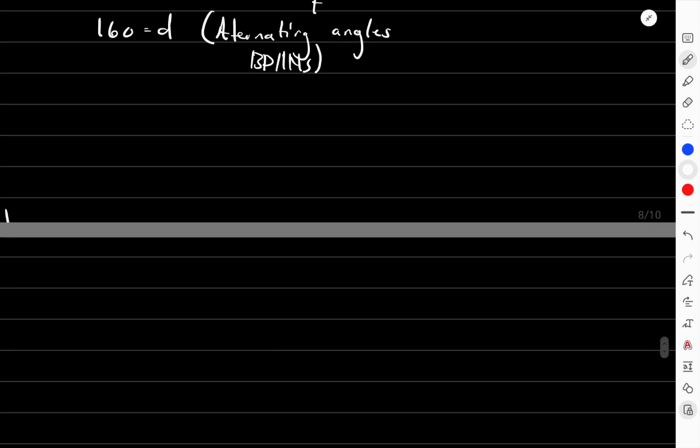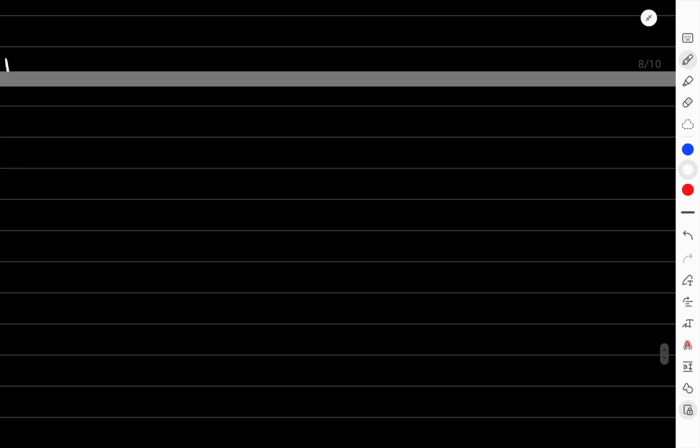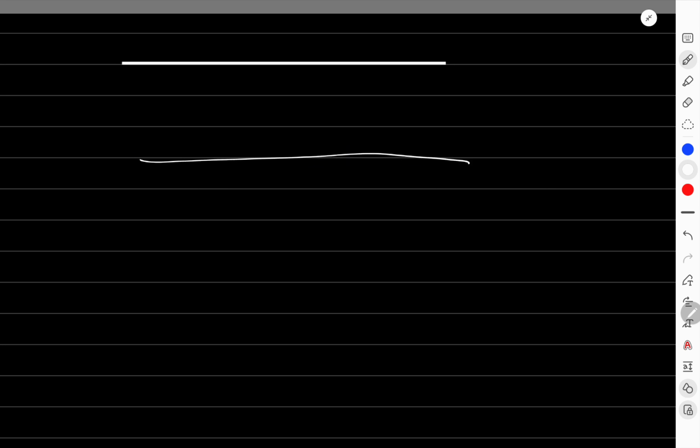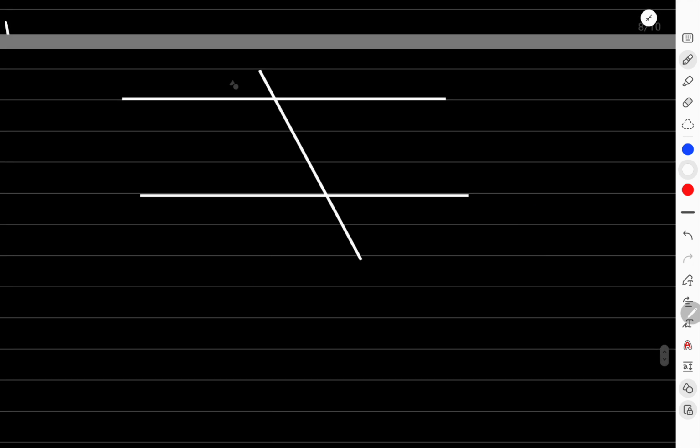Now let us look at here as well. This structure again. I'm required to calculate the value of x. Now for me to find the value of x under alternating angles, let me just assume I'm given this structure, whereby here I have 80 degrees. Here I have 2x minus 20 degrees.